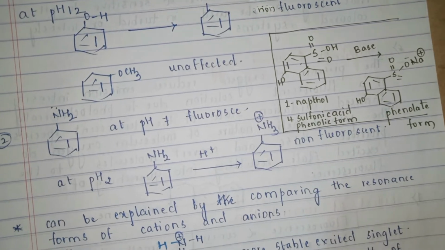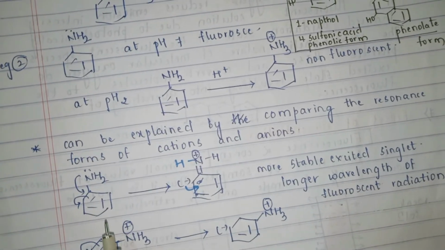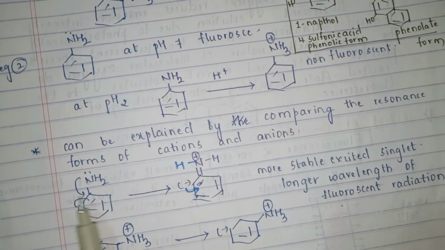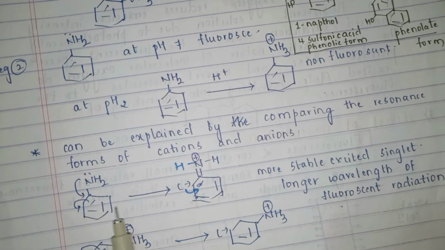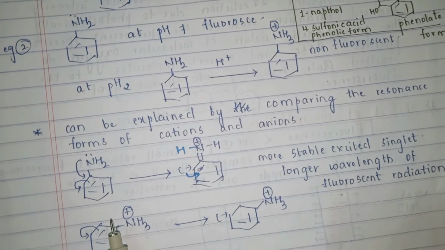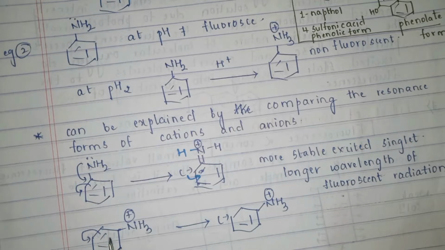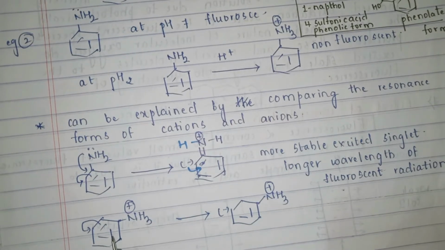Now, how can I explain this? The explanation is very simple. If there is a presence of a lone pair of electrons, they will be in conjugation with the benzene ring. In turn, they will give me a lot of resonating structures. An increase in the number of resonating structures increases the fluorescing capacity of the molecule.